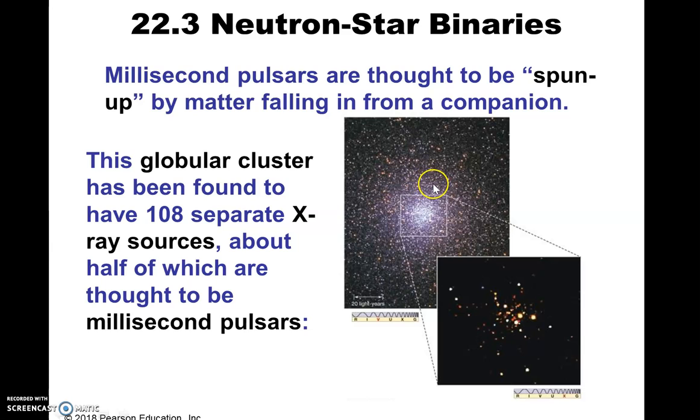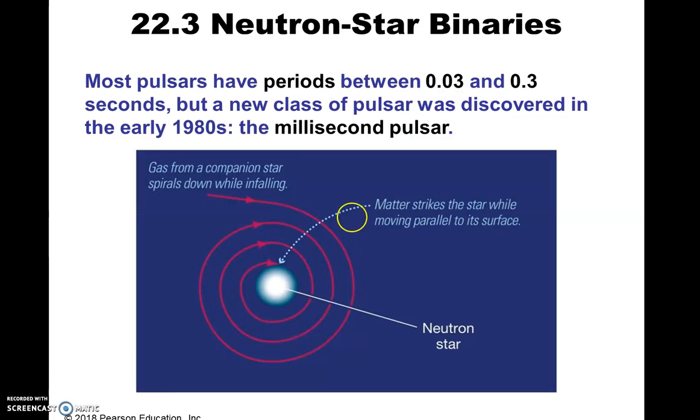Because how are you ever going to get millipulsars in a globular cluster, in something that's 10 billion years old? I mean, there's no new star formation, so there must be already existing stars. So what we've reasoned, of course, is that these are neutron stars in binary systems. The matter falls on into an accretion disk, and then as it falls onto the neutron star, it will speed up the rotation rate.